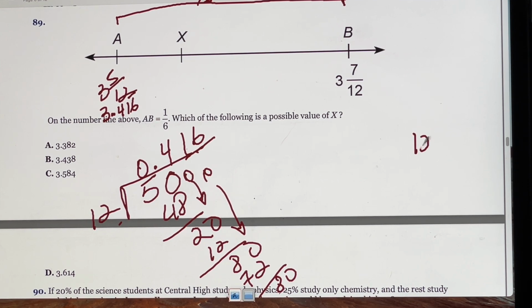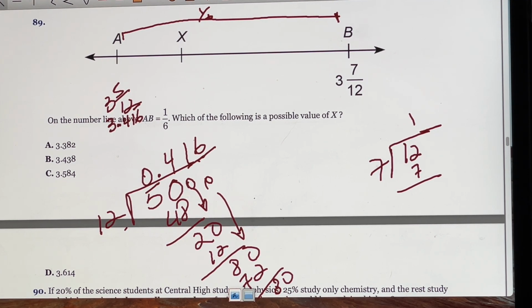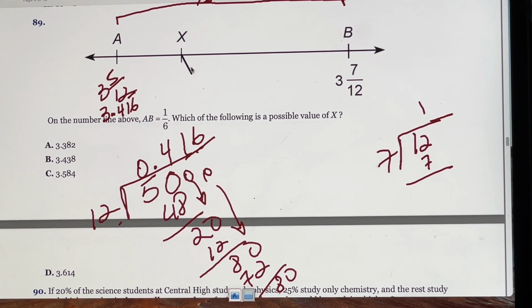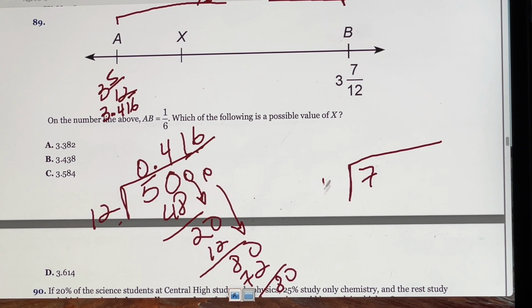And 3 and 7 twelfths. Oh my God, so I'm a little bit off. Wow. Let me write this again. It's 7 divided by 12.